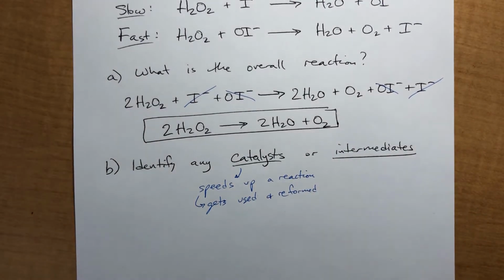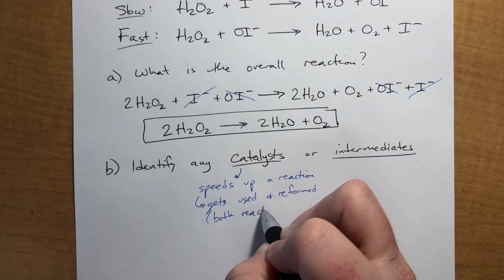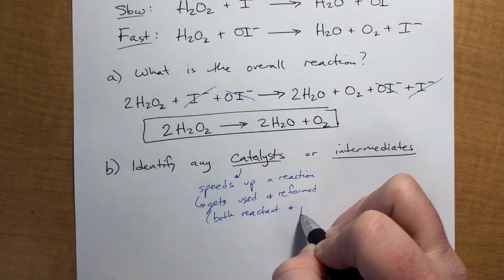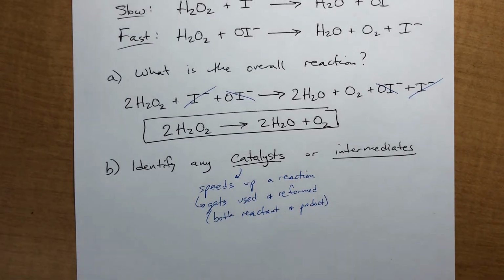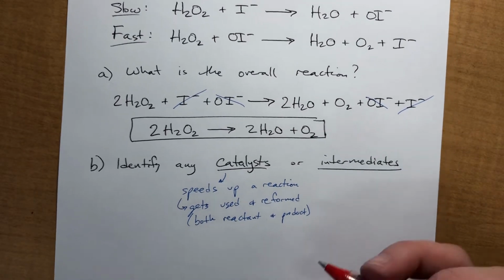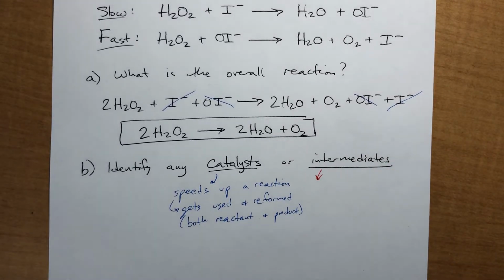In other words, it's going to be both a reactant and a product. An intermediate is not a reactant or a product. It's something that gets formed along the way.